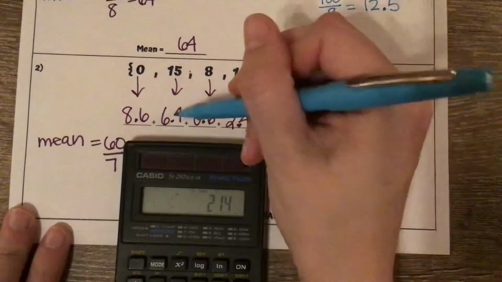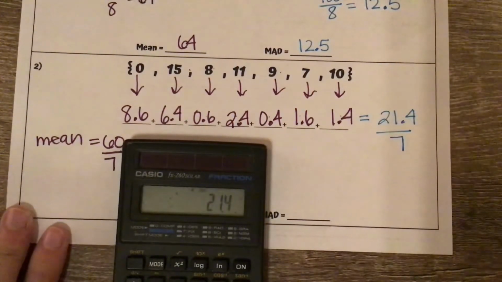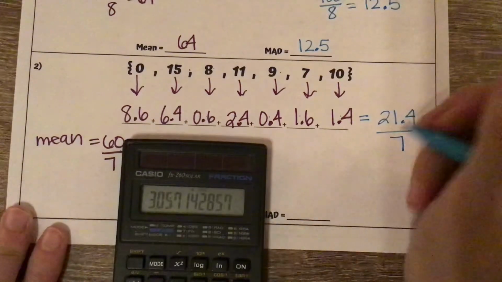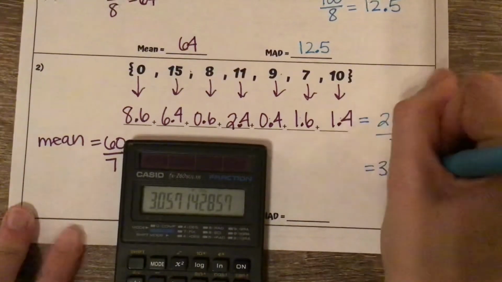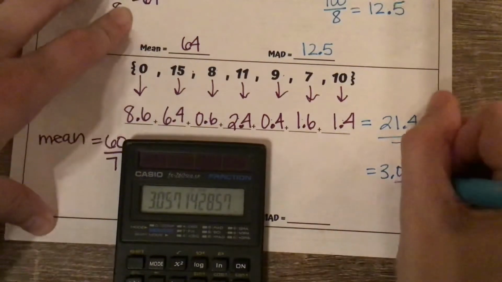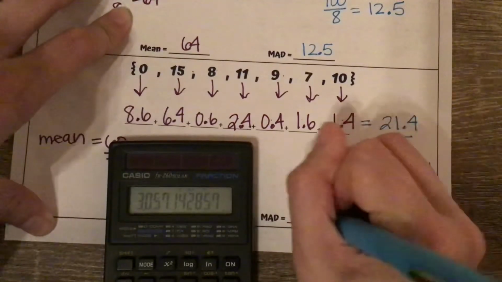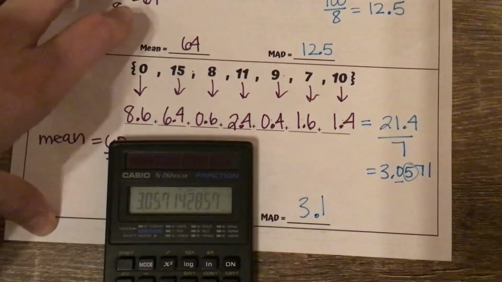Divided by, there's 1, 2, 3, 4, 5, 6, 7 values. We get a long decimal, 3.0571. Again, I'm going to round to the nearest tenth. My 5 tells me to round my 0 up to a 1, so we are rounding that to 3.1.